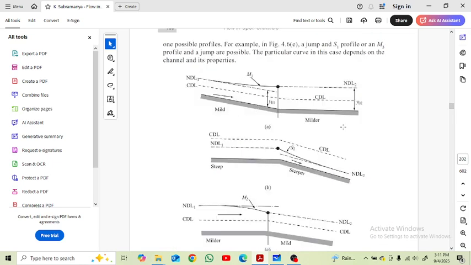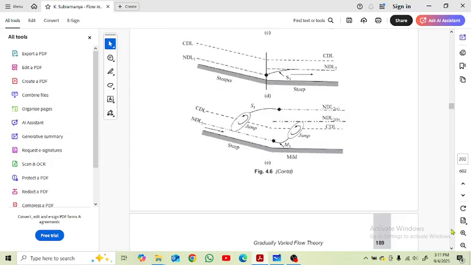In the break in grade, mild to milder, steep to steeper, milder to mild, these are the profiles here. And this is the most important profile over here, steep to mild, where you need to check whether the jump occurs downstream of the control section or upstream of the control section. Both are not happening at the same time. So these are two different cases, and you have to check and understand whether the jump occurs downstream of the CS or upstream of the CS.